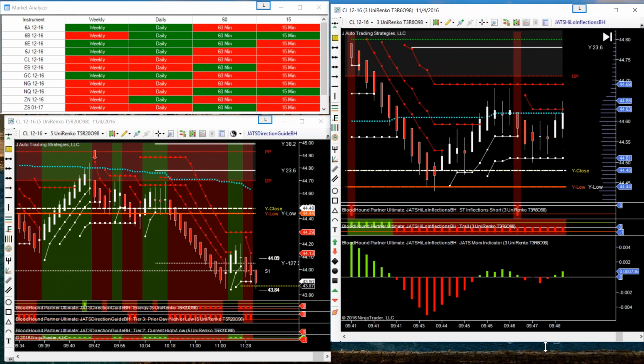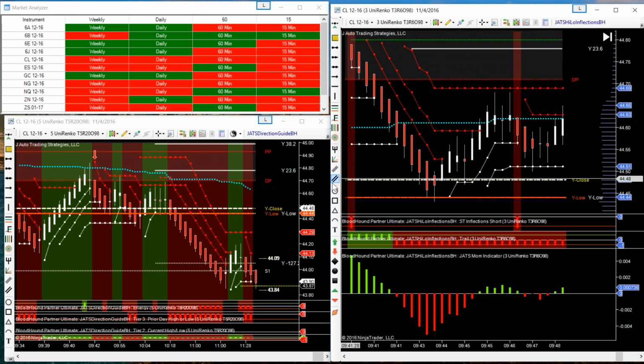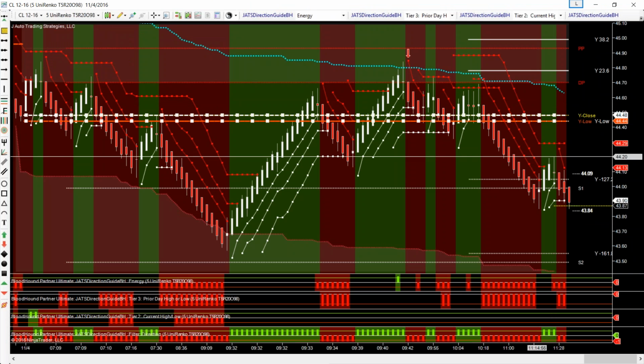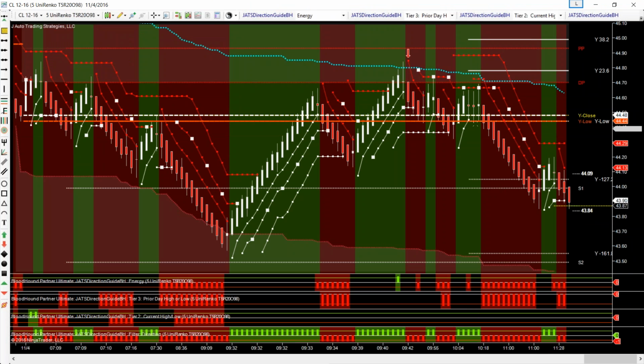The first step is to find out what market and direction you want to trade. So we want to trade crude. So then we go to our larger Unirenko and we identify when price is moving in that direction with the volatility.